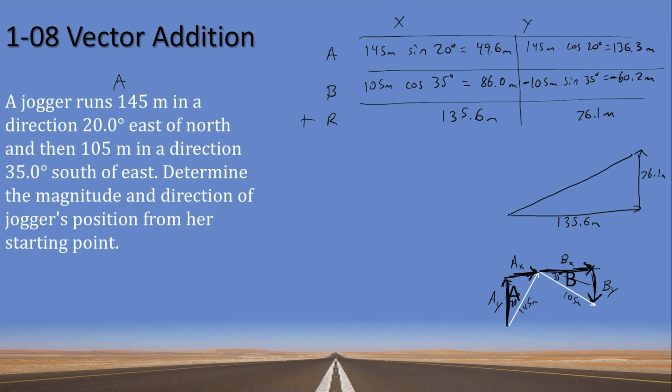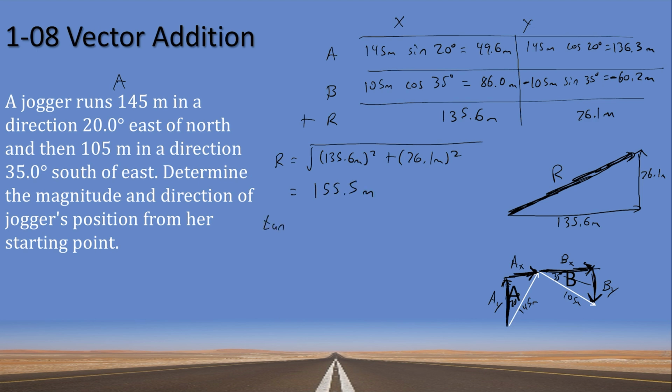So our resultant would be like that. To find the length of the resultant, use the Pythagorean theorem. Put that in my calculator, I get 155.5 meters.